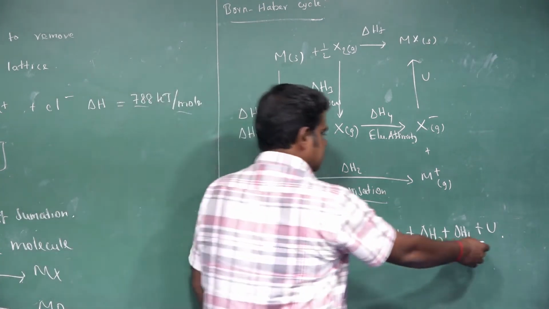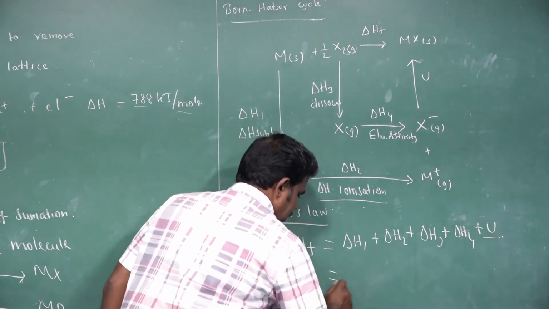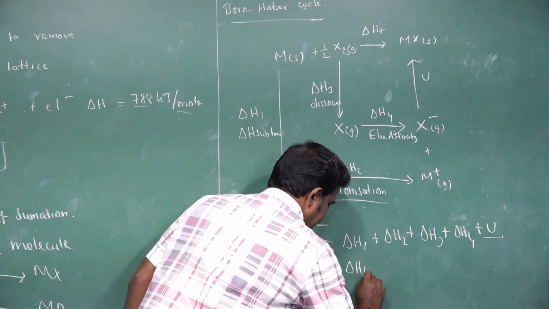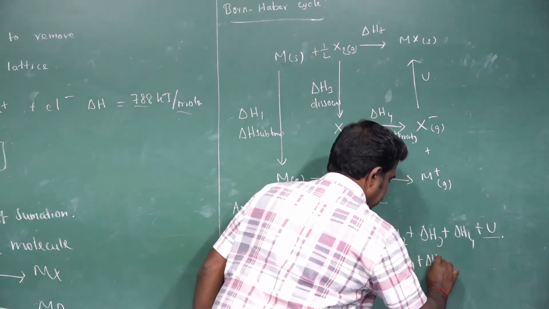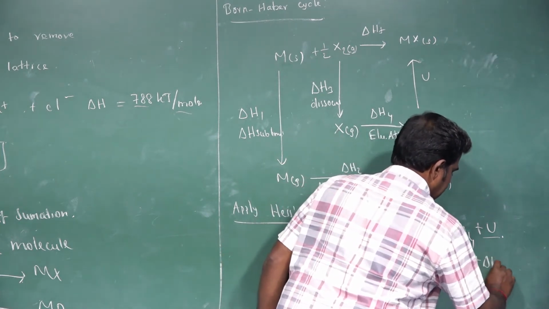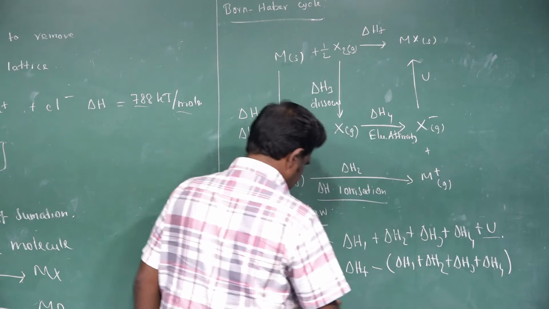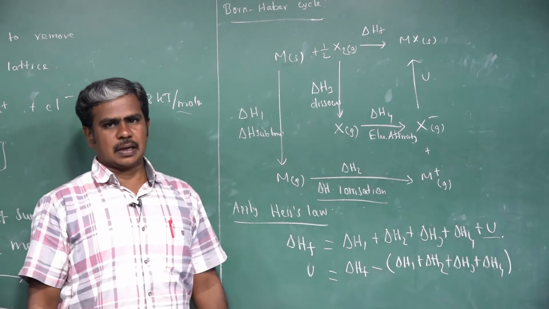So what is that lattice energy? U is the lattice energy. So here U is equal to delta HF minus delta H1, delta H2, delta H3 and delta H4 values. So we may get the lattice energy value by the Born-Haber cycle.